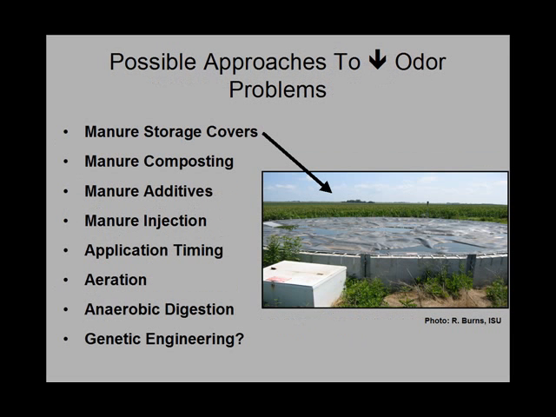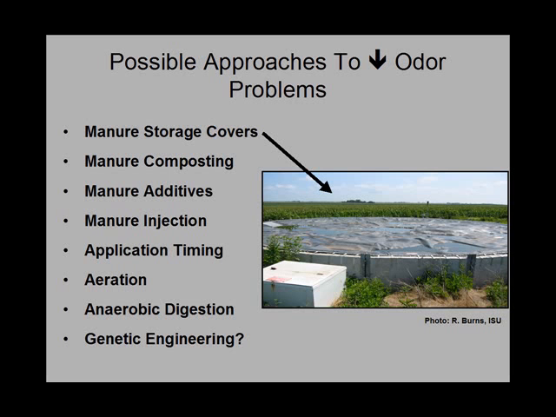And so here are some of these very common different kinds of technologies that are available. Many of you might actually be using these. Manure storage covers, composting of manure. There are different additives that can go into the manure. Manure injection is a big deal when it comes to application. Application timing is a big deal. There are aeration systems, so you have not an anaerobic manure system, but an aerobic manure system.